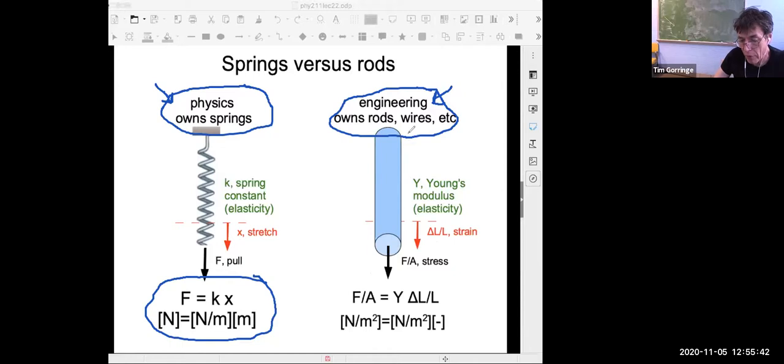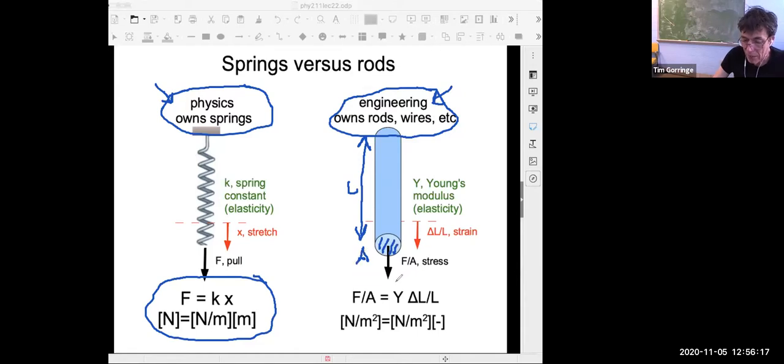And so when compressing or stretching a rod, we normally think of, let's think about the geometry of the rod. So here's the length of the rod, L, and downstairs here, this would be the cross-sectional area of the rod. We call that A, not a very good A, sorry.